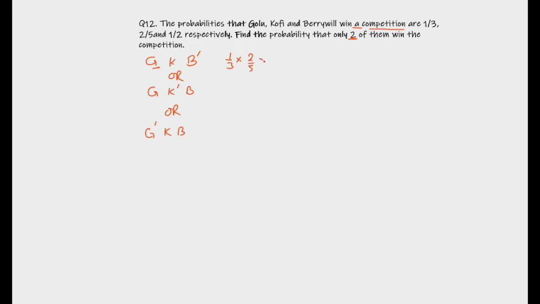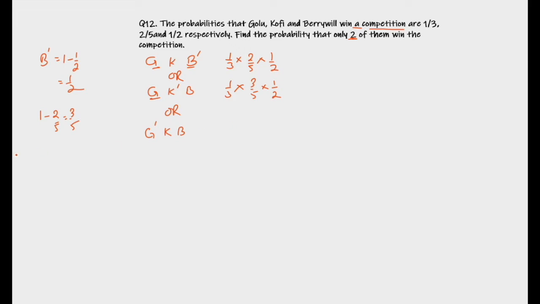But Berry is not winning, so B prime, which is not Berry, is 1 minus his probability of winning, which is half again. So half. Now in this one, Golu is winning, Kofi is not winning, so 1 minus 2/5 is 3/5, and Berry is winning, 1/2.